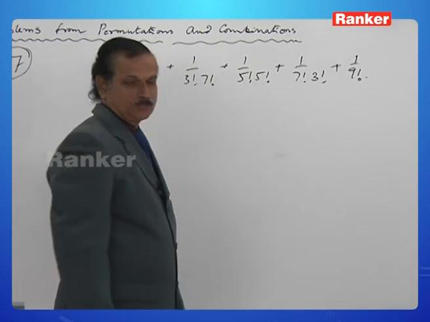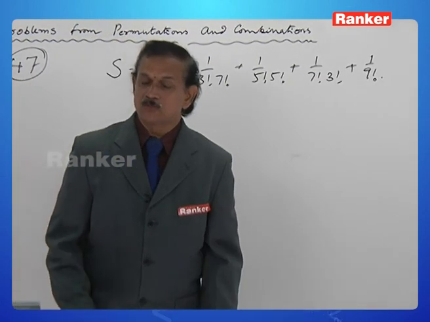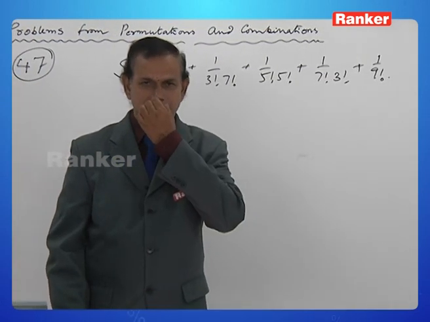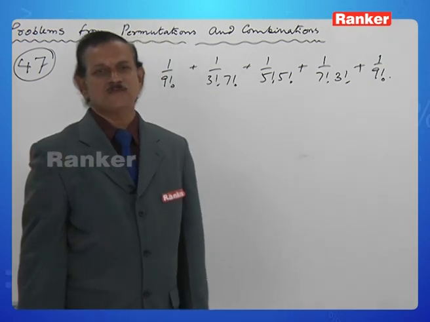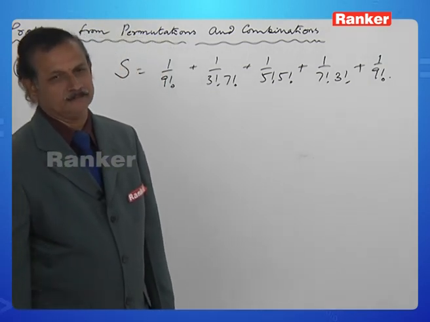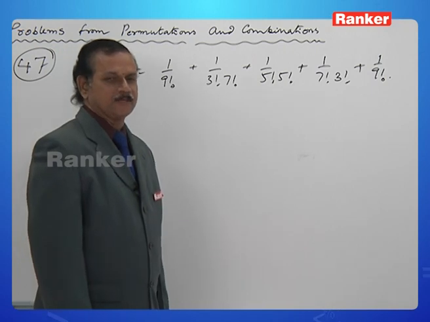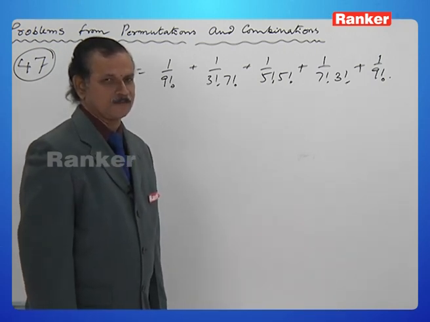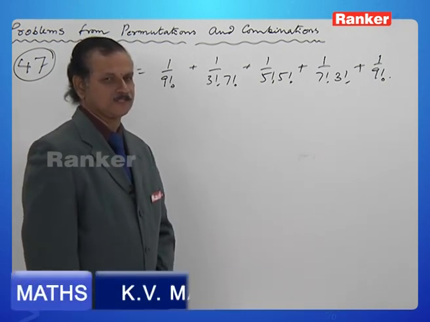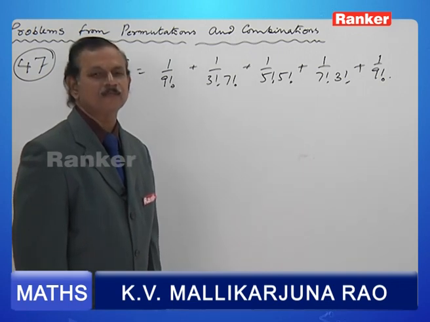We are supposed to estimate the answer. What is that? 1 by 9 factorial plus 1 by 3 factorial into 7 factorial plus 1 by 5 factorial into 5 factorial, et cetera.